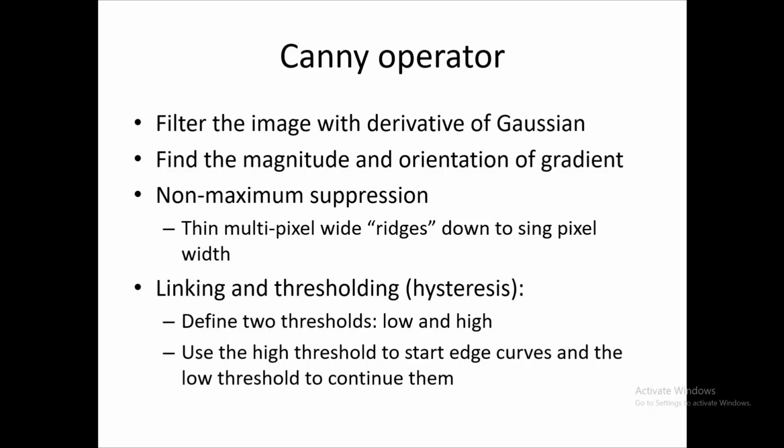Next we do what we call non-maximum suppression, which is the thinning that we will talk about a minute later. Then there is a linking operation where we use two thresholds, low and high, and use the high threshold to start edge curves and the lower threshold to continue them.